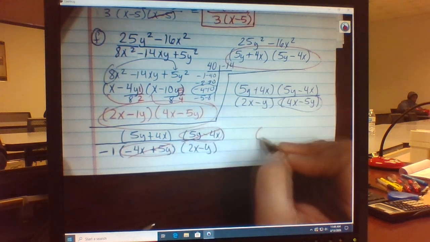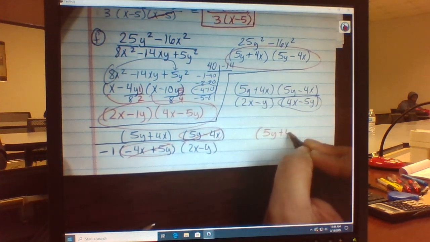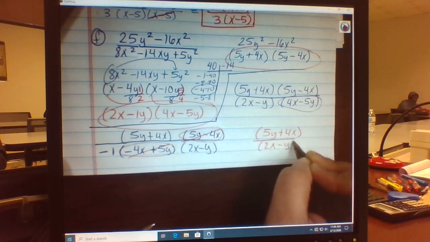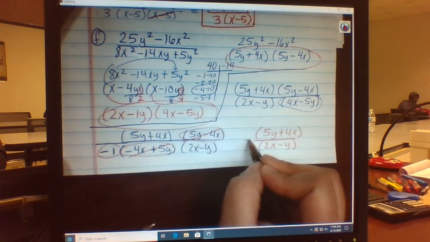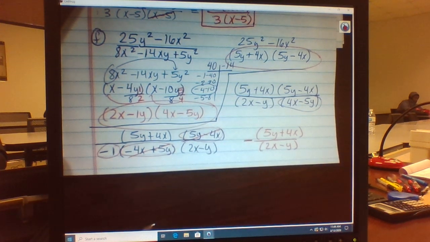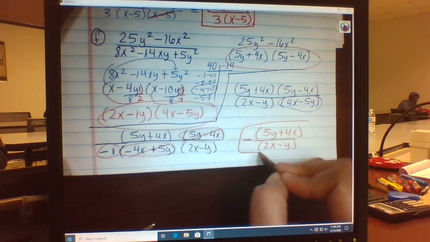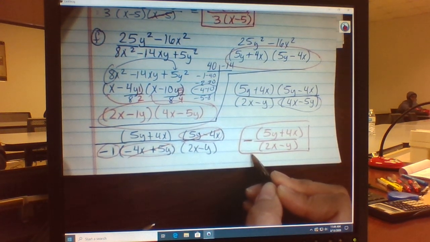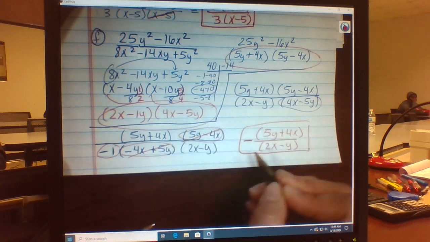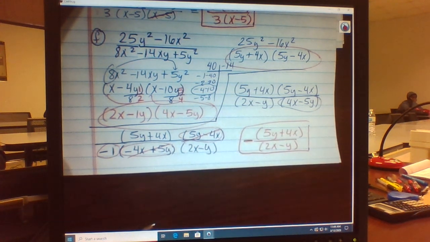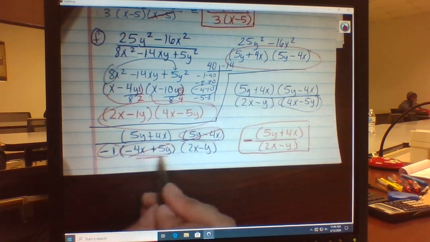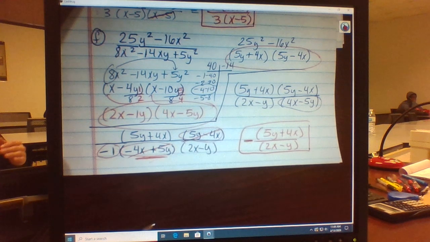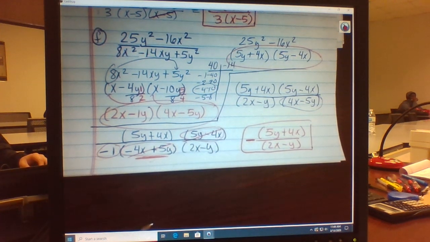What's left over? 5y plus 4x, 2x minus y, but please don't forget this negative out in the front. Now, if you wanted to, you could put the negative on top, in the middle, or in the bottom. As long as somewhere there has to be that negative, because this negative 1 is what I used to allow these to eliminate. So that is the curveball right there.